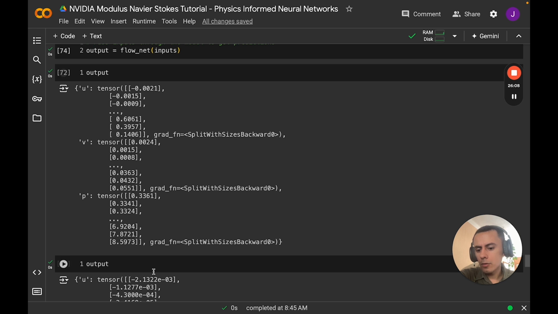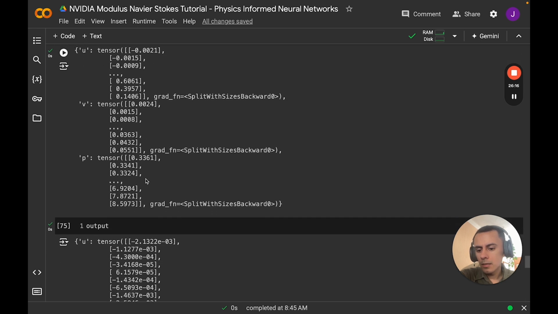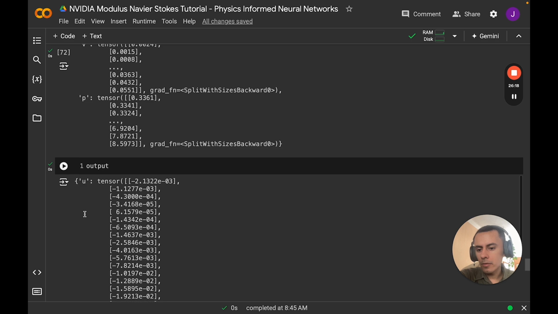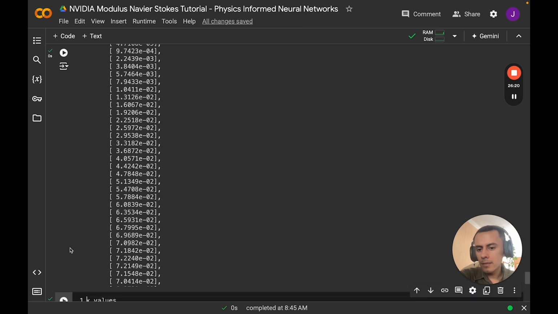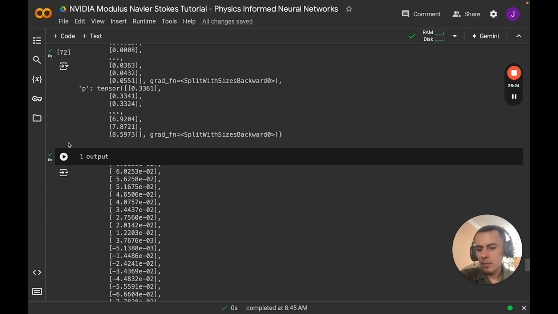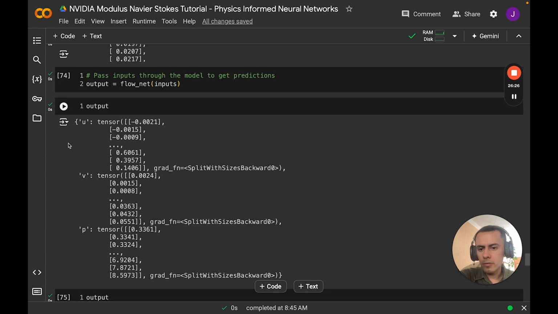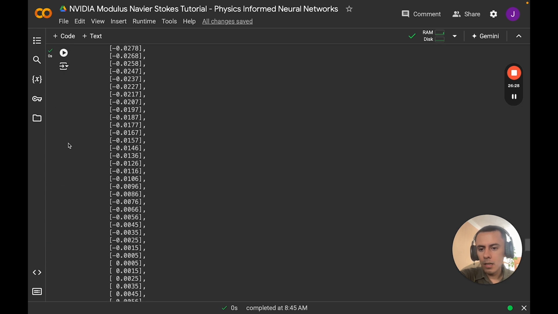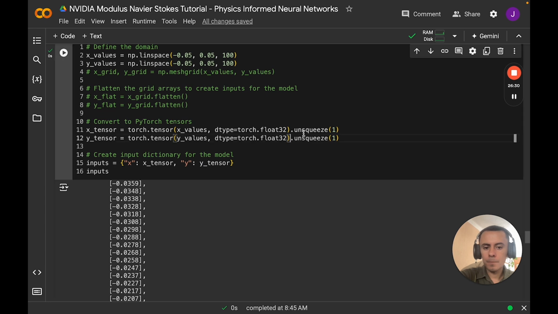Yeah, 2.1 times 10 to the minus 3 is this one. Yeah, it's the same stuff. That's interesting. I wonder why I printed it like this, but it's the same stuff. It really is the same stuff. Interesting. What about the squeeze? Do we need the squeeze?